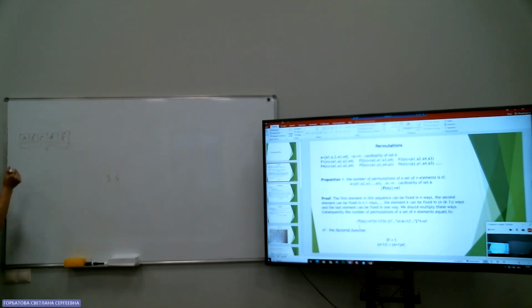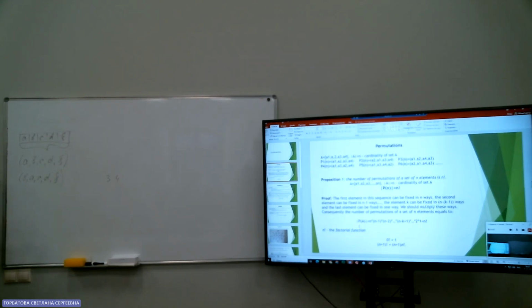For example, the first permutation, it is sequence A, B, C, D, F. The second permutation, it is sequence of B, A, C, D, F. So I change the positions of elements, and I make another permutation.